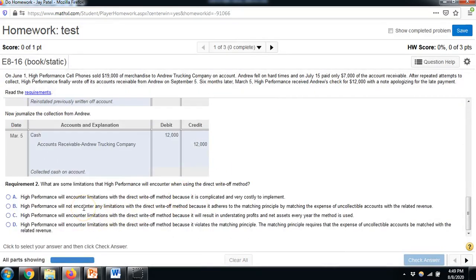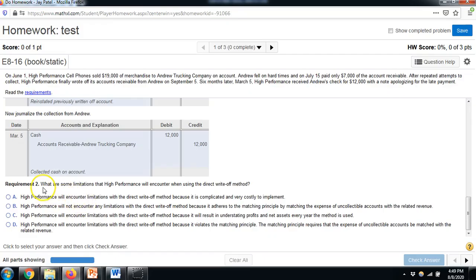Okay, so now we've done that part of it. And again, I must emphasize that what we just did is the direct write-off method. The allowance method is going to have a different set of entries. But in this problem, we've done the direct write-off method.